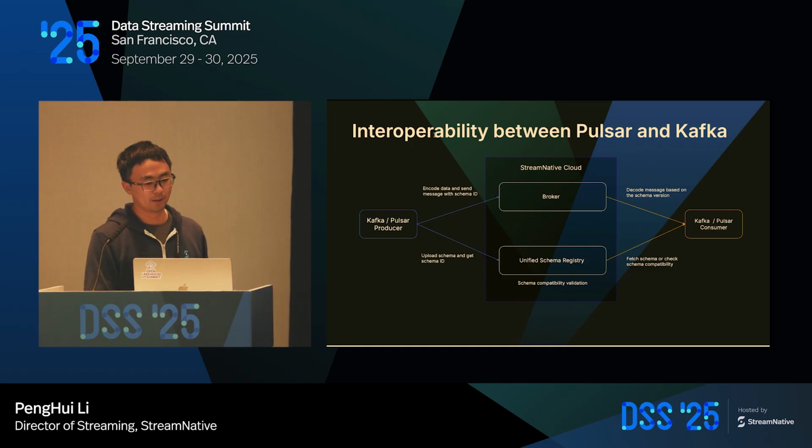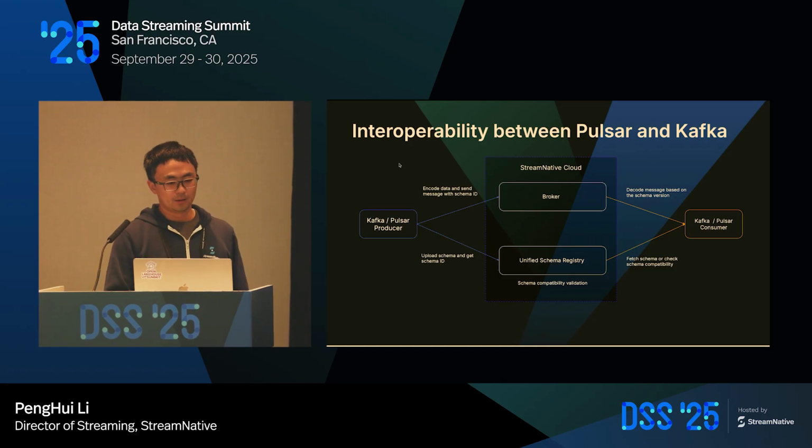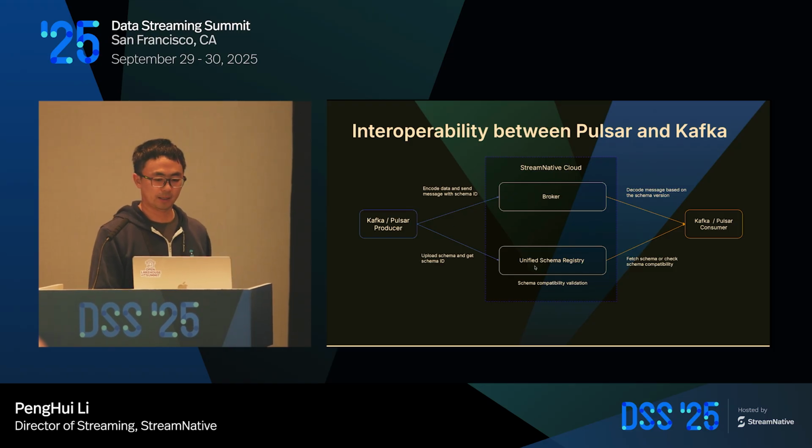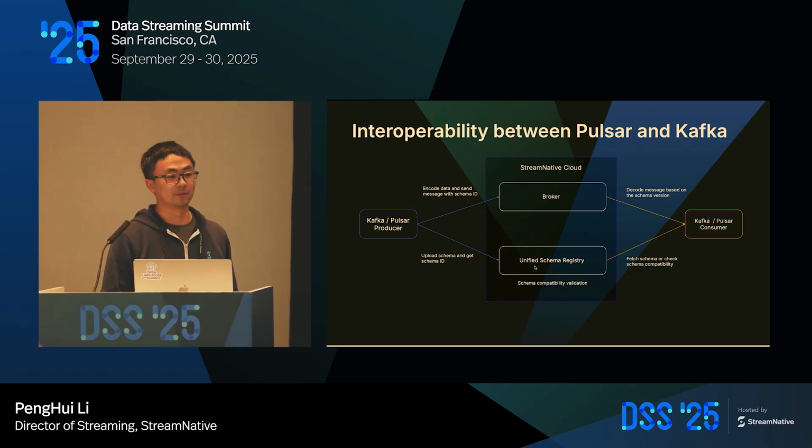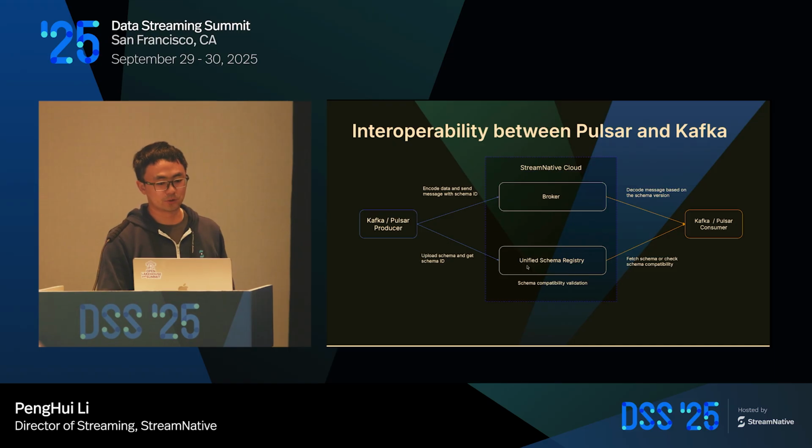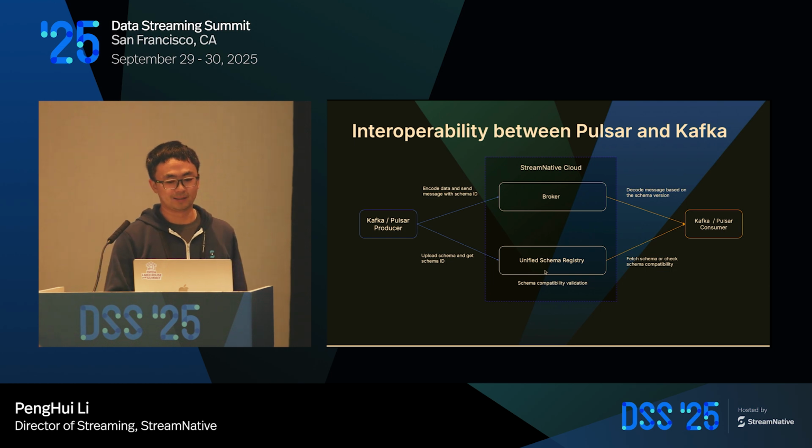So in this demo, we will have both Kafka and Pulsar producers. They will connect to StreamNative Cloud and the StreamNative Schema Registry. Actually, this Schema Registry is Confluent Schema Registry compatible, something we designed for the Lakehouse.